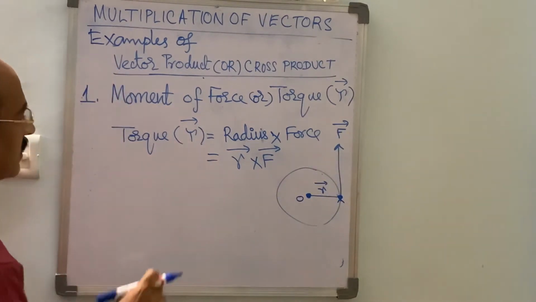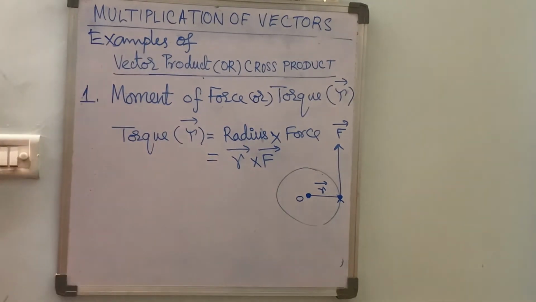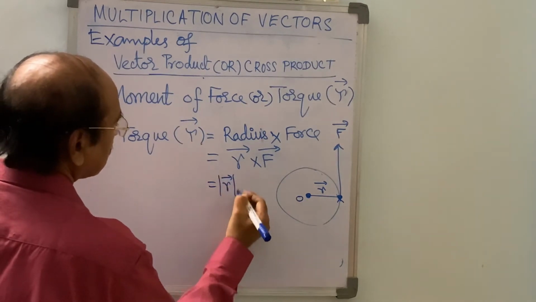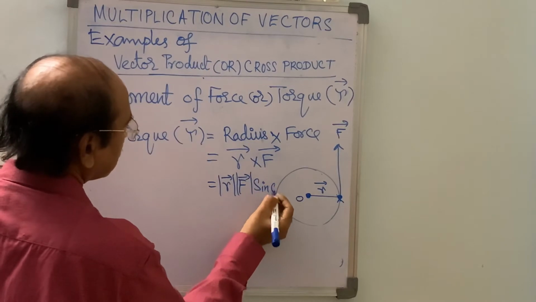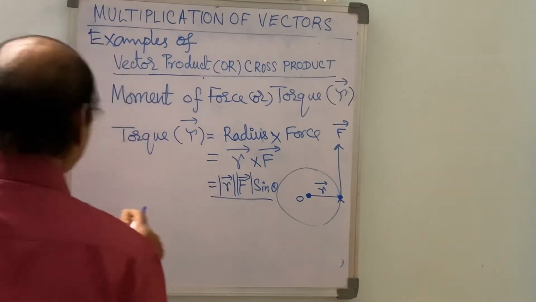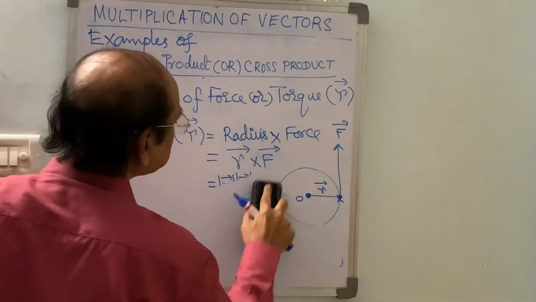So here radius vector is one vector, force is another vector. So here r F sin theta. So this is one example.